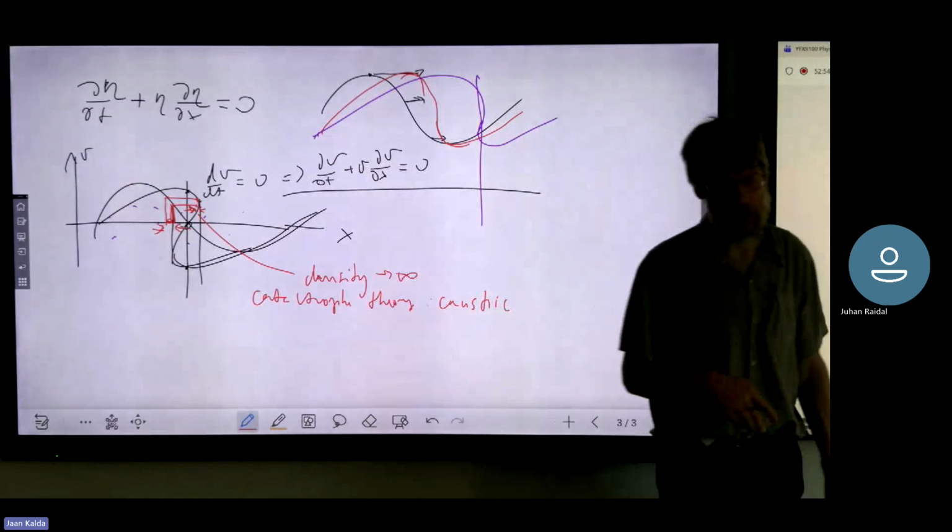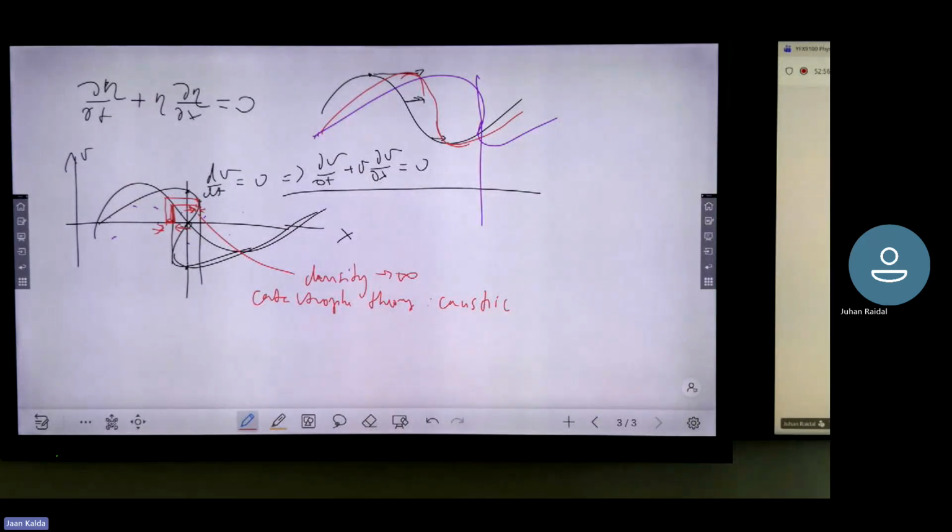For the time being, let us mark it as one thing to discuss later. So singularity that appears here right now. What is the name? Caustic. So caustics are something that you might have seen in real life.